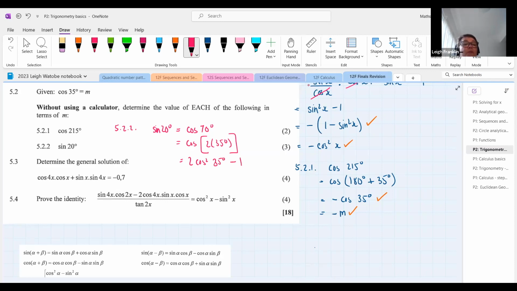And we know that the cos of 35 is m, so that gives us 2m squared minus 1 as our final answer. So our marks here would be on the co-ratio, using your double angle formula for cos 2 theta, and then on your final answer.